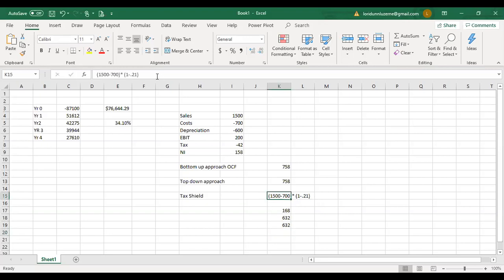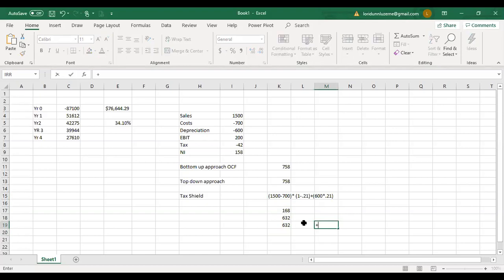Further, we're not done. You do have some more tax savings because you will be subtracting depreciation when you compute your taxes. So add to this the tax savings you have from depreciation, and that would be depreciation times your tax rate.